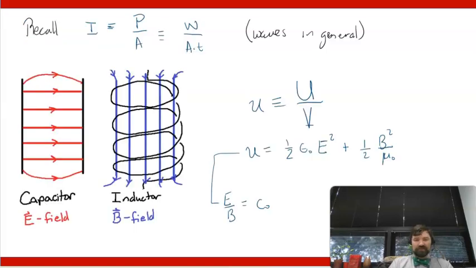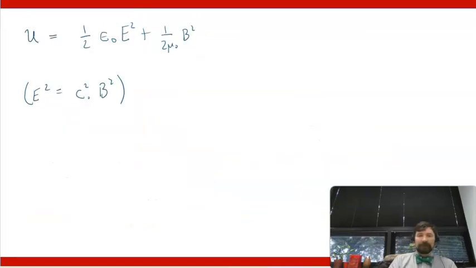And c naught in turn is 1 over the square root of mu naught epsilon naught. So if we come back up here, this E squared term, which is c naught squared B squared, we could also call essentially B squared divided by mu naught epsilon naught.